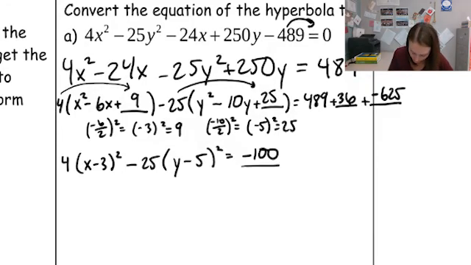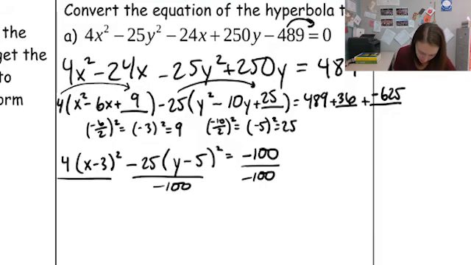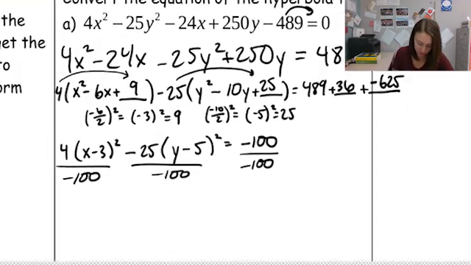So I'm going to divide everything by negative 100, and this step gets a little different. When I divide by negative, the signs are going to switch. So now instead of the y part being negative, that piece, negative divided by negative, is going to end up being positive. So I'm going to switch my variables so that the y part, the positive part, comes first.